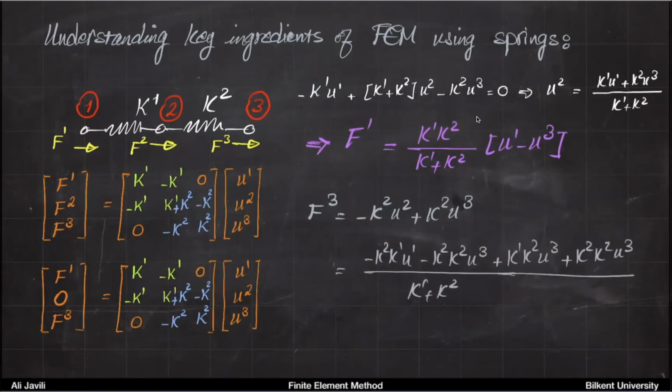So if you do that, you would get something that looks like K1 K2 divided by K1 plus K2 times U3 minus U1. All right, so this is basically what you get from that equation.